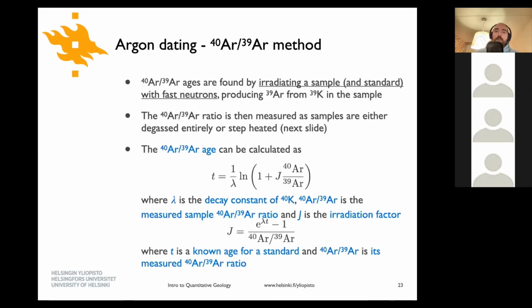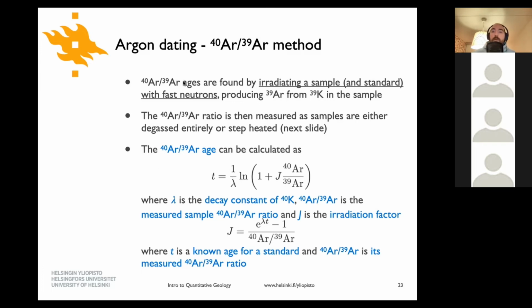So this works somewhat similarly to the uranium, thorium, helium dating, because argon is also something that is not going to incorporate itself into the crystal lattice, but rather be one of these noble gases that's just going to be trapped inside the crystal, just like helium.